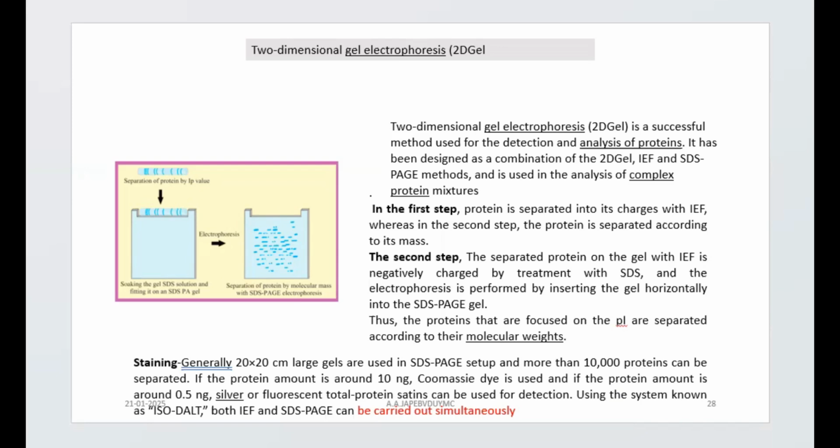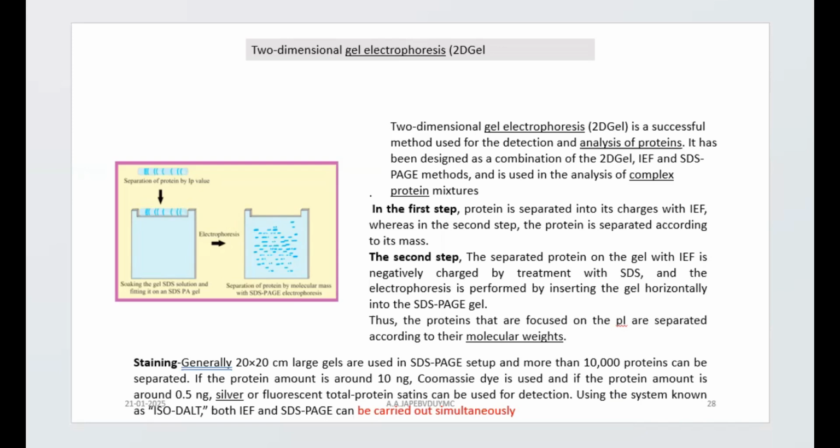So the proteins that are focused on the first gel on the basis of isoelectric focusing are then further separated according to their molecular weights. When it comes to visualization of such separated proteins, we have to talk about the staining methods that are used.